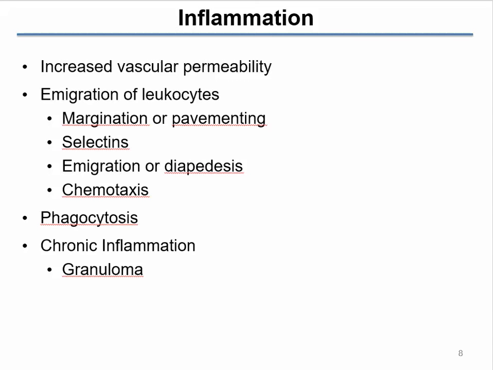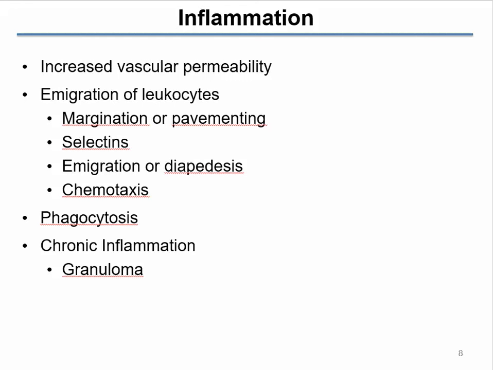Now, the neutrophils are in the blood. All the leukocytes are in the blood, and the damage is in the tissue and in the interstitial spaces of the tissue. So we have to somehow get the leukocytes from the blood out to the tissue. We have to get all the tools that are necessary, all the things that are necessary, out into the tissue from the blood.